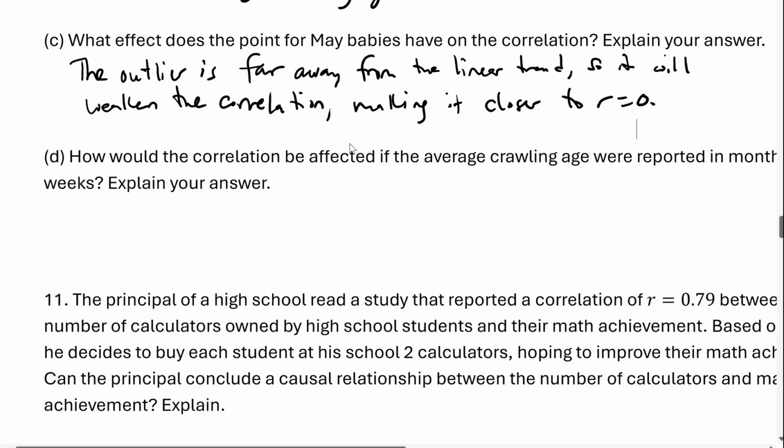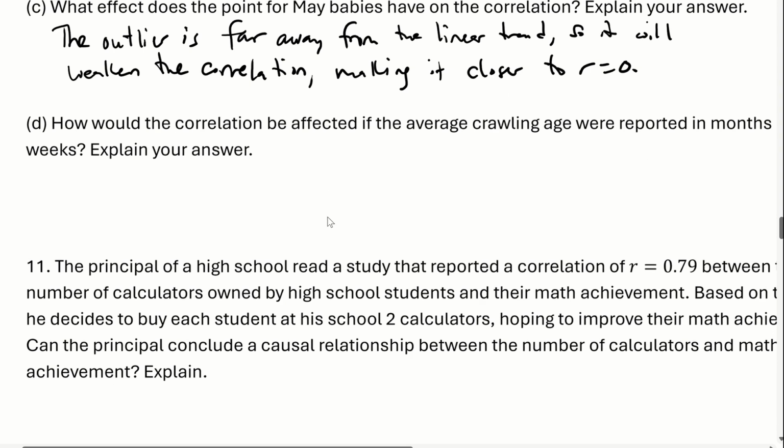It's going to make it weaker, moving it closer to the 0 side. That doesn't mean it's going to be close to 0. That's just saying it's going to make it closer, weaken it.